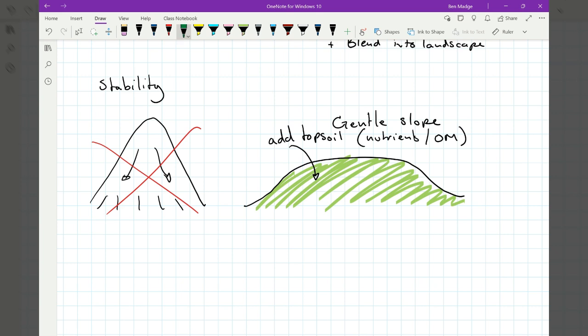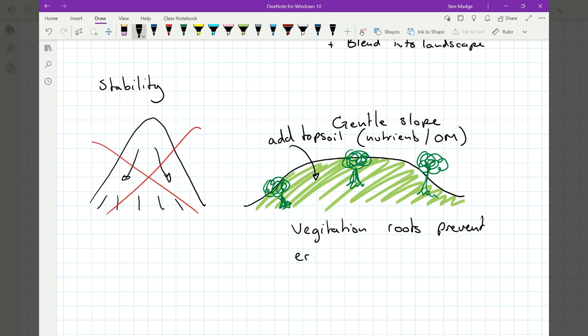And we might use some trees to provide more consolidation and use the roots of all this vegetation to help retain this otherwise unstable material. So vegetation roots prevent erosion and movement.